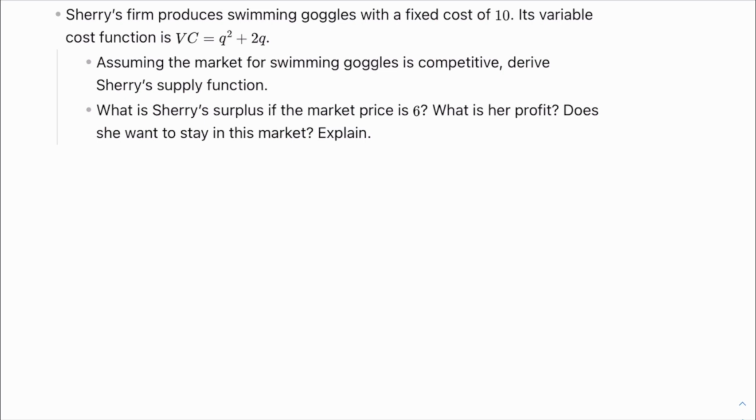Sherry's firm produces swimming goggles with a fixed cost of 10. Its variable cost function is q squared plus 2q.